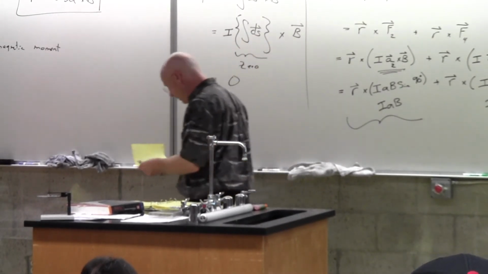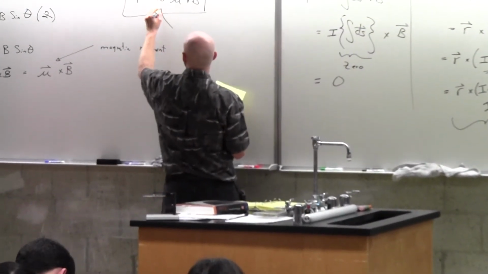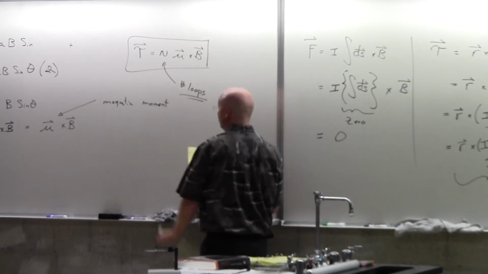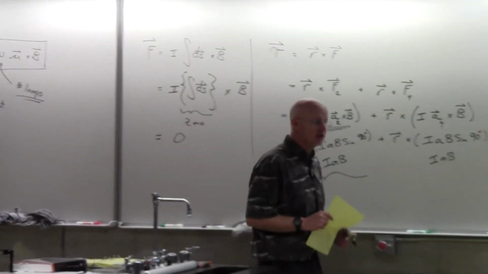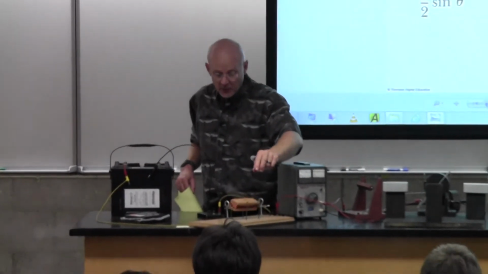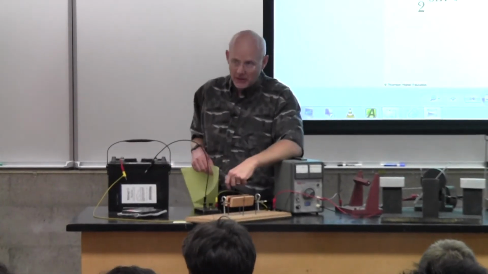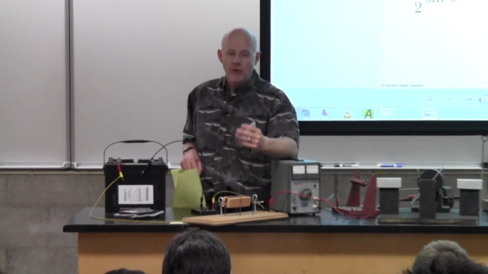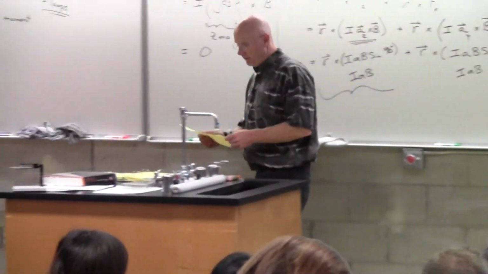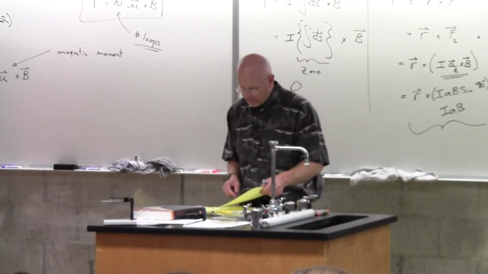Then I'll put an N here, because as you guys pointed out, this is the number of loops. Everything I derived up to that point was just for one loop, right? You even made a comment that I had many loops, and so I need to do that for every loop, and so it would be N times. So I have N, the number of loops, and that is how I would get the torque.